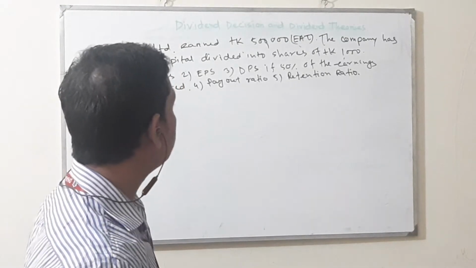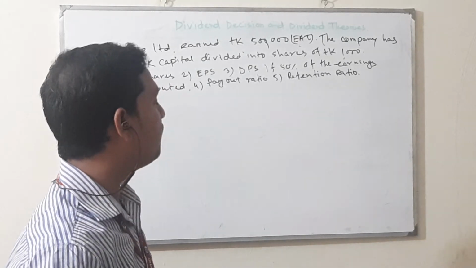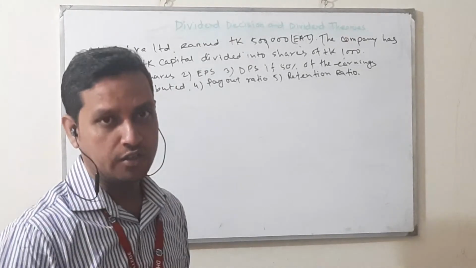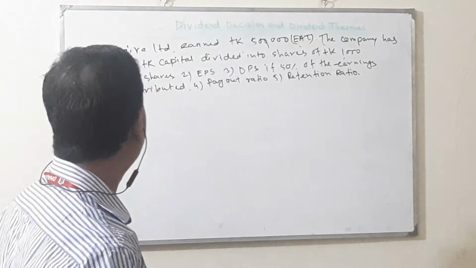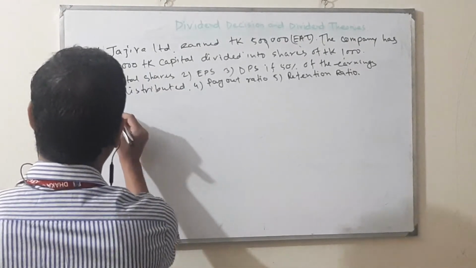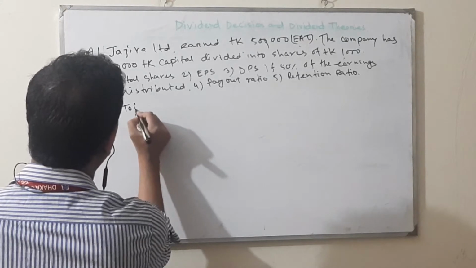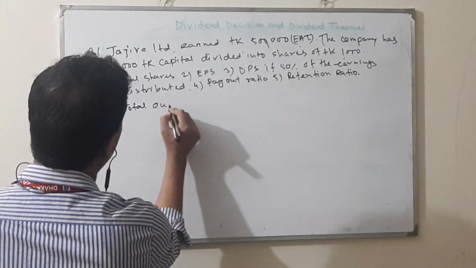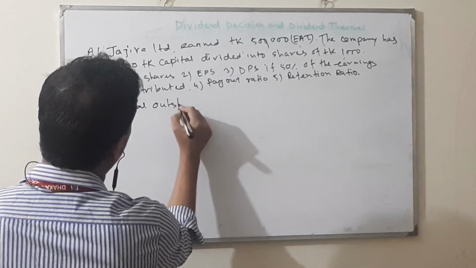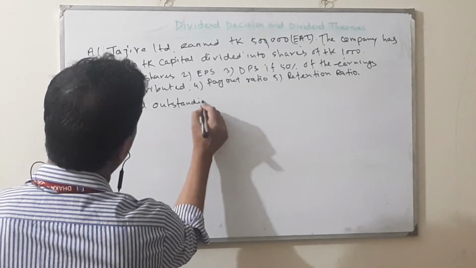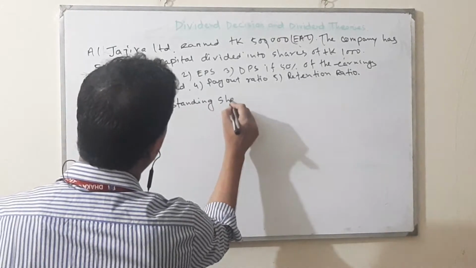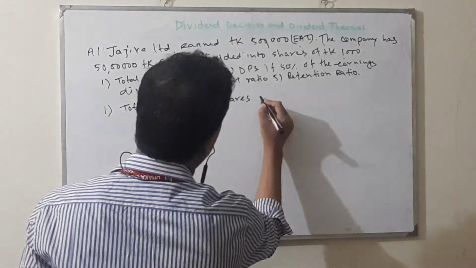Then 4 is payout ratio, and 5 is retention ratio. So first we bring out the total outstanding shares.